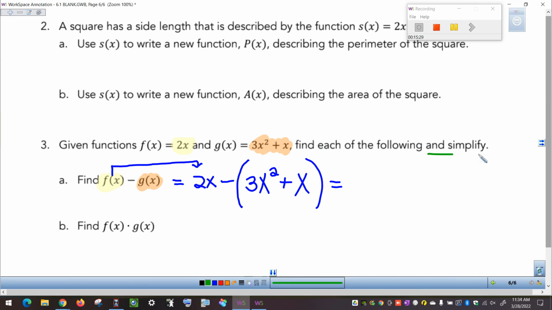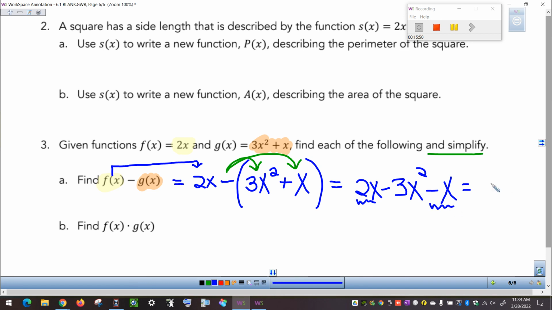Now, all we need to do here to simplify this is to distribute that subtraction sign into our parentheses, so it'll look like this. And then we're just going to put like terms together. So I'm going to put the 2x together with the minus x. That makes positive 1x. And then I'll just keep the minus 3x squared behind it.